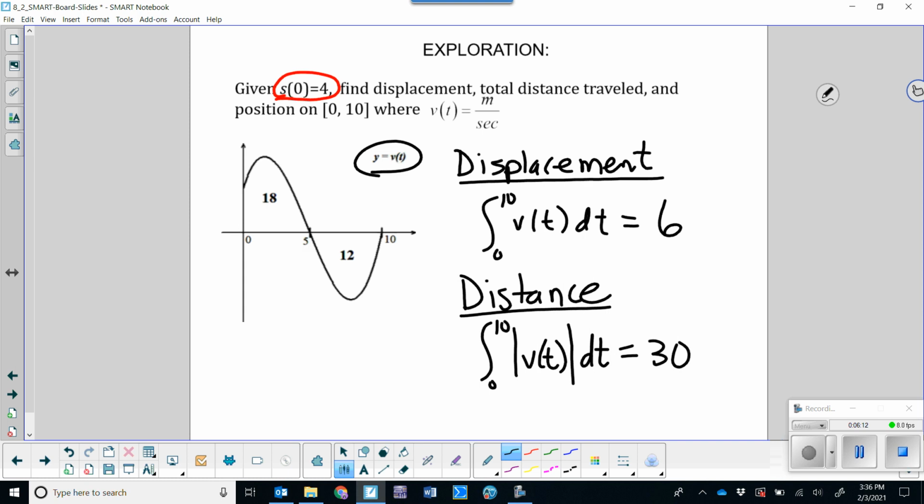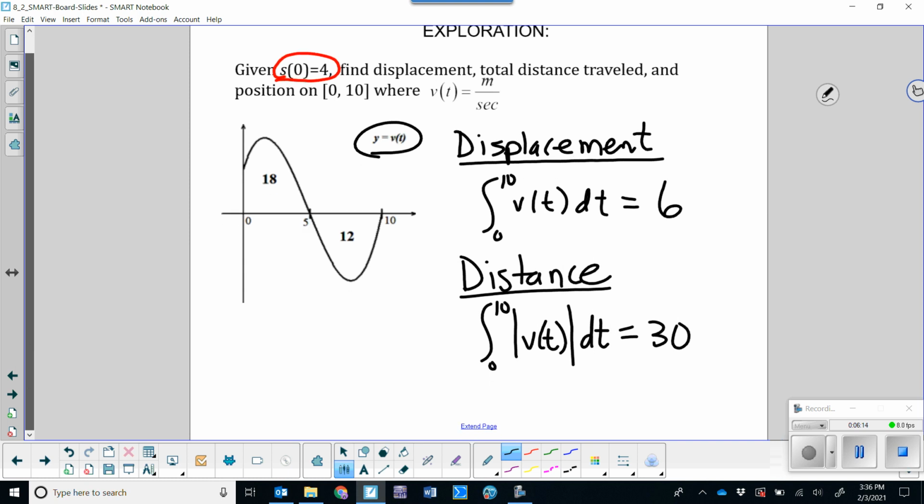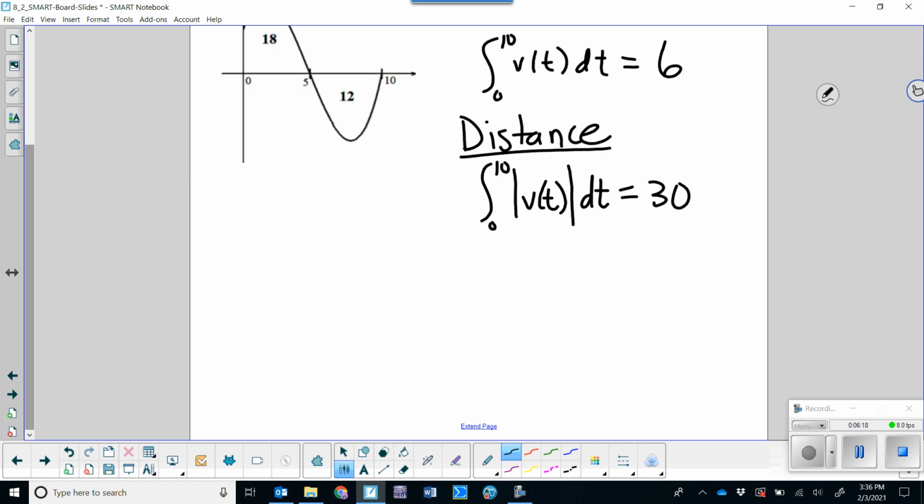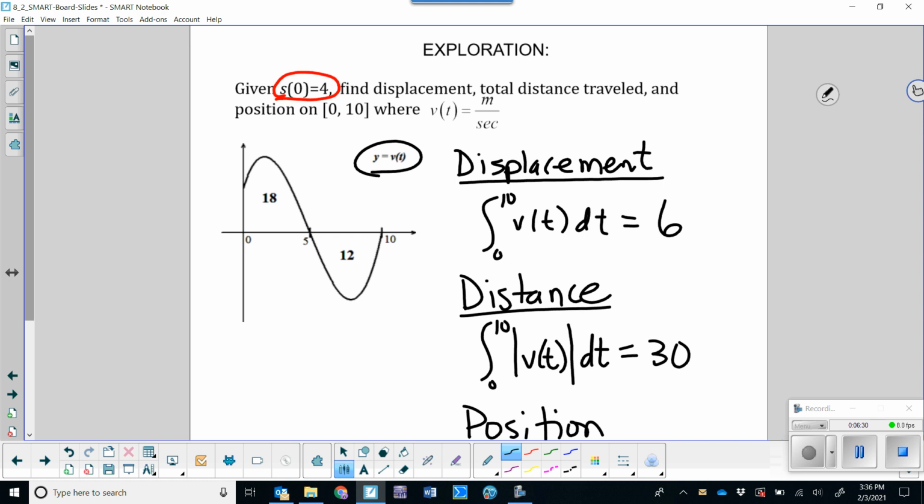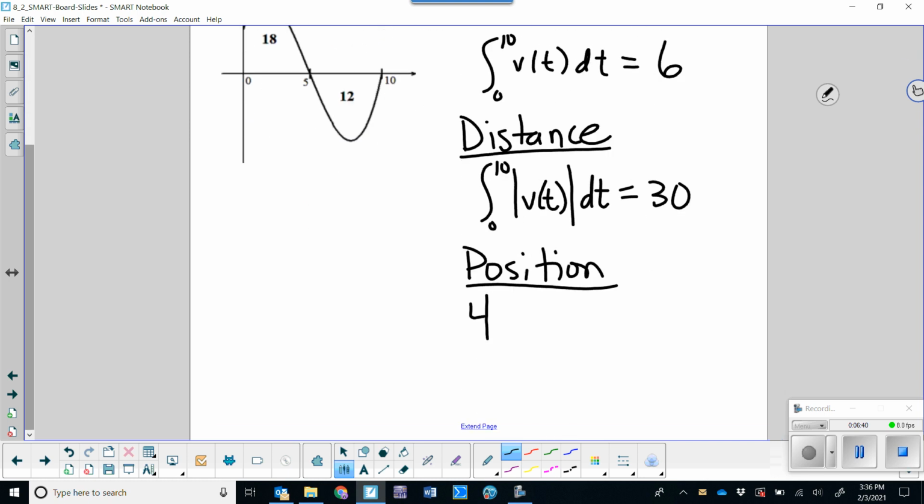And then last, we're asked for the position at 10 seconds. If we want the position that we're in after those 10 seconds, we have to take the initial position, which was 4. At time 0, the initial position was at 4. So if we draw a number line, our little particle just happened to be starting at 4, not at 0.